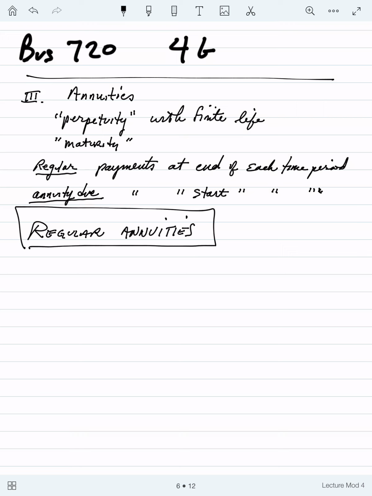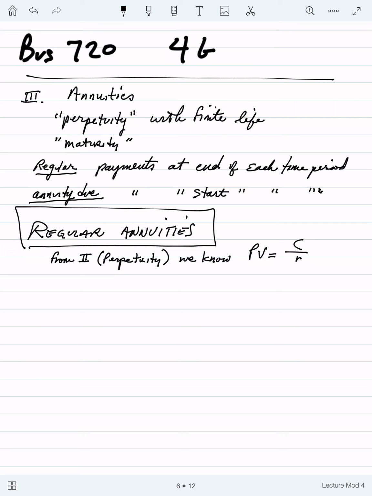From the above, what you can say is the present value of an annuity that would have never ended, if it was an actual perpetuity, that we know from 2, when we looked at perpetuity. It's the cash flow divided by the discount rate.